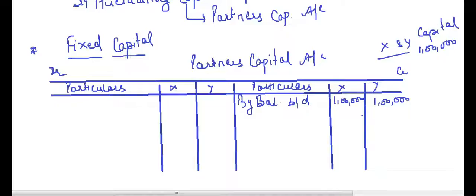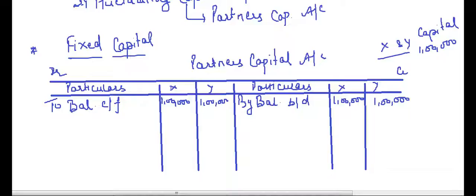Appropriations like interest on capital, salary, commission, interest on drawings, profit or loss. Where will this go? These capital balances cannot change. So in the partner's capital account, this capital only I will carry forward. I'll say to balance carry forward is the same, because we can't change it.